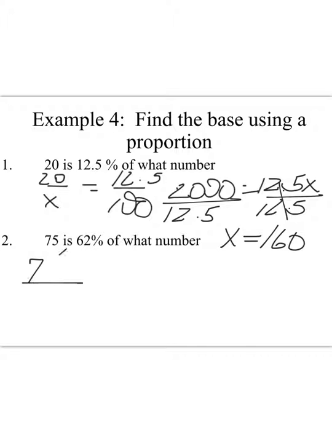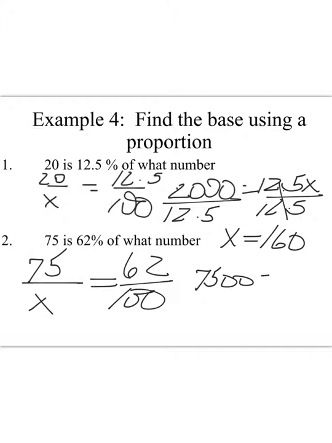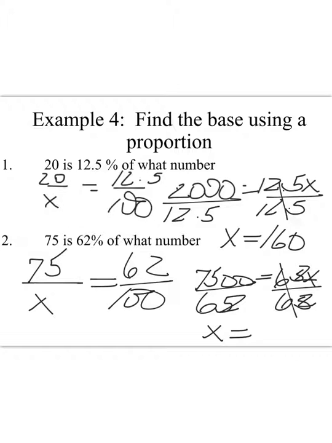75 is, we have 62% of what number? So we're looking for x. So 7,500 equals 62x. Divide each side by 62. I said 65, sorry guys, that's a 62.